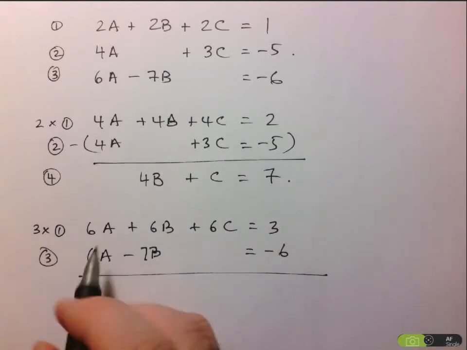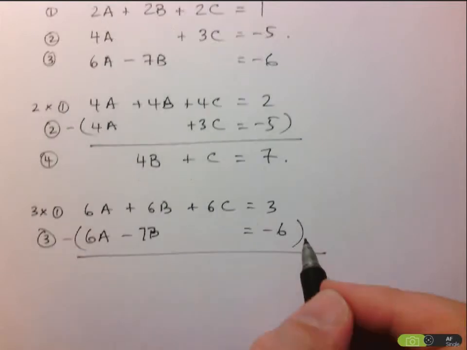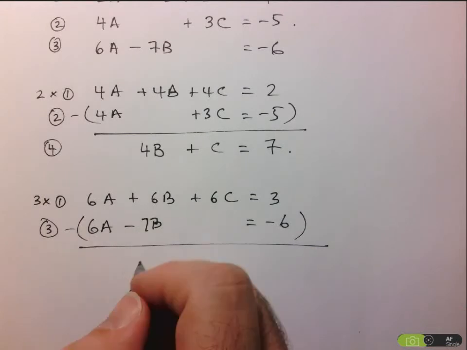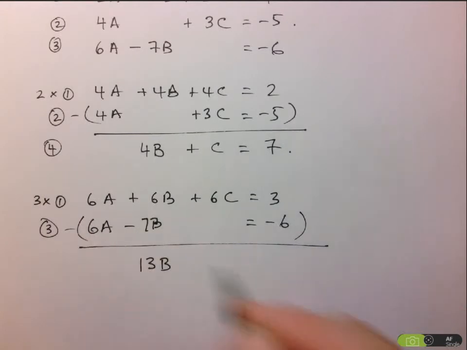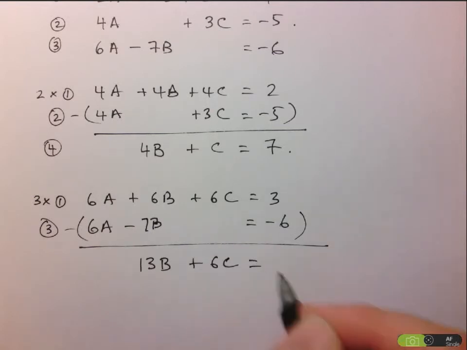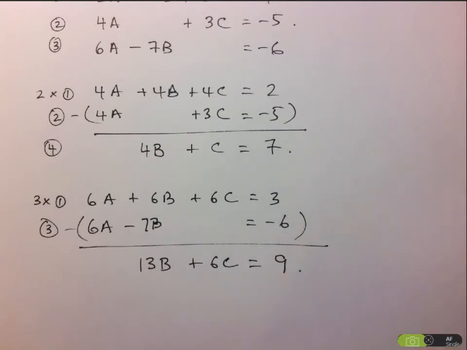Now again I'm going to add the equations since the 6's have the same sign. So these cancel out. Here I've got 6 plus 7 is 13b. 6c minus 0 is still 6c. And here 3 plus 6 is equal to 9. And this will be equation 5.